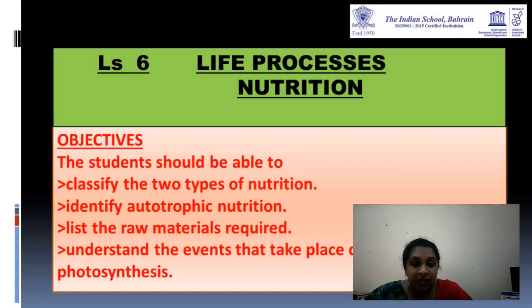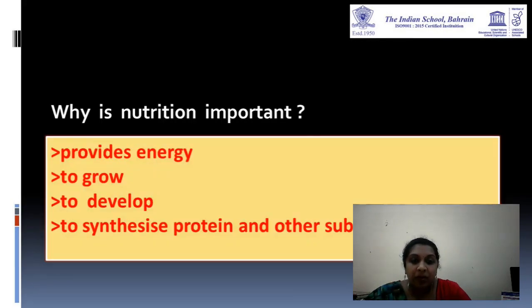We are going to identify the two types of nutrition, study more about autotrophic nutrition, the raw materials required for photosynthesis, and the events that take place during photosynthesis. What is nutrition? Nutrition is the process of intake of food.